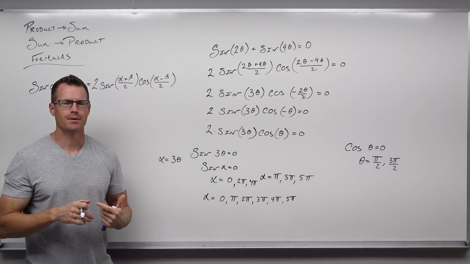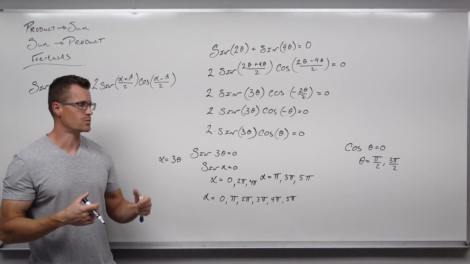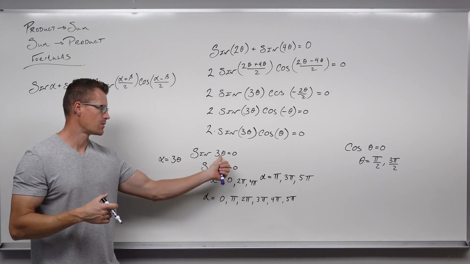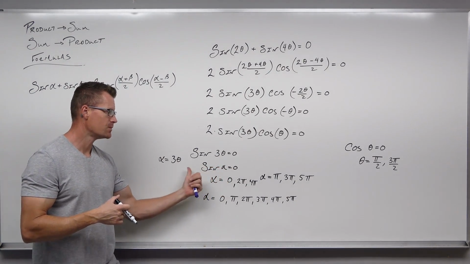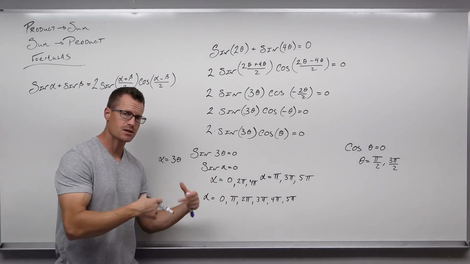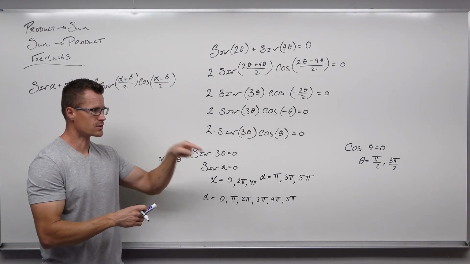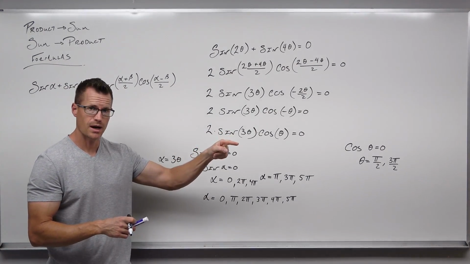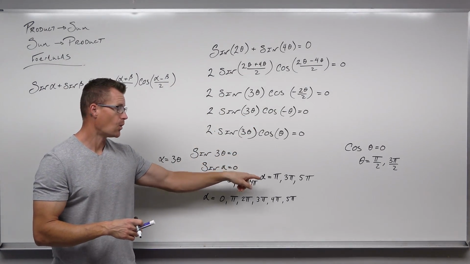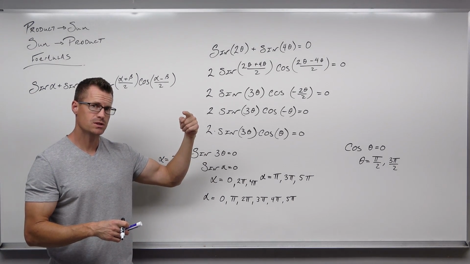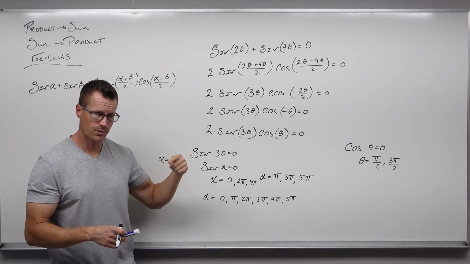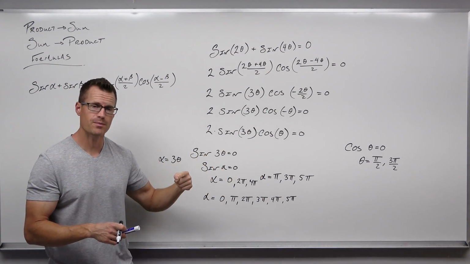But look what's going to happen. Because we used a substitution, because we said, hey, we're calling 3 theta this alpha. Alpha can be this to satisfy a y coordinate of 0: either 0, or 2 pi, or 4 pi. Or we could do sine of pi, or 3 pi, another revolution, or 5 pi.